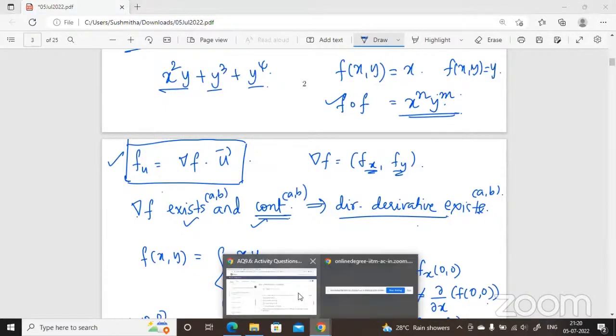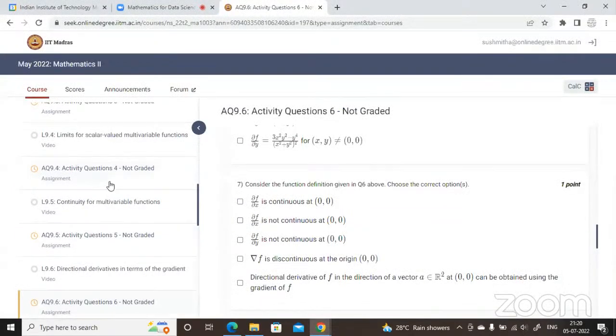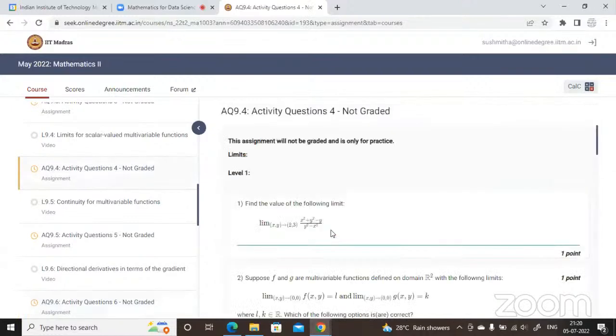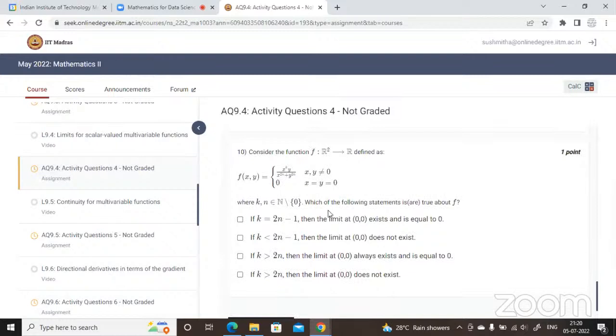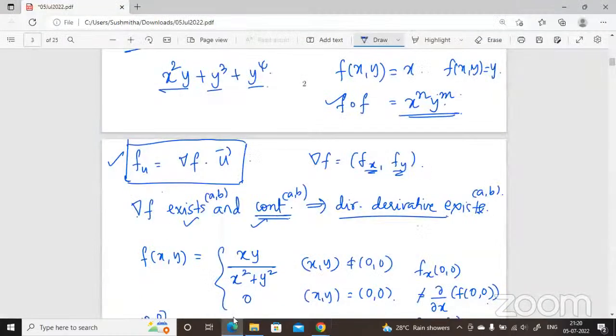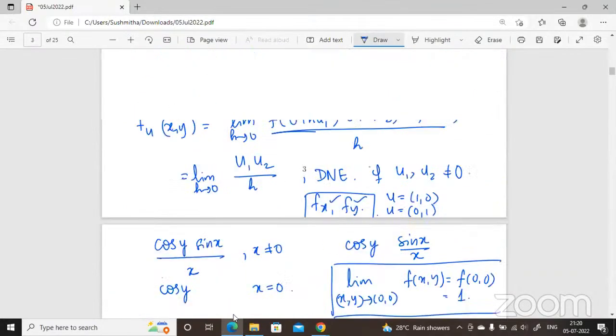Actually, I had a doubt in 9.4, the last question. When k is smaller than 2n minus 1 or greater than 2n, how do we calculate the limits? No, this is similar to what I was explaining, the trick of how to choose the curve.